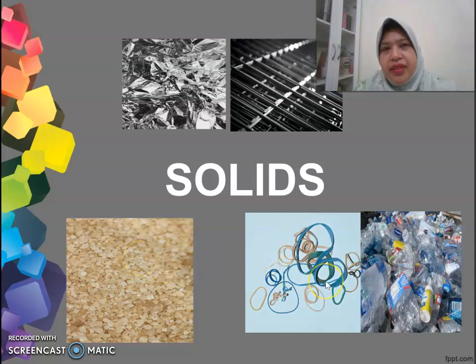Other than that, we also have rubber and plastics that are soft and amorphous. So from here, we know that different types of solids will have different properties. Okay?